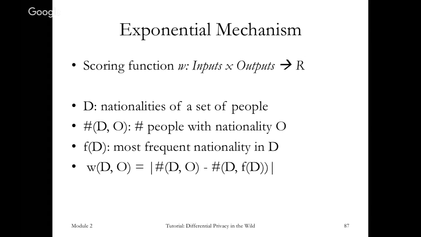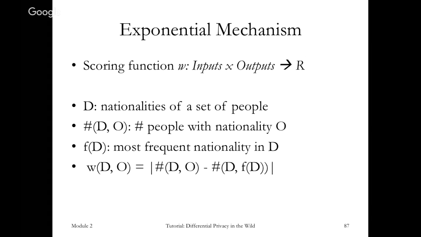To instantiate this with our example, we could let D, the database, be the set of the nationalities of a set of people. And then DO being the number of people with a particular nationality, and F of D is the most frequent nationality in the data set.